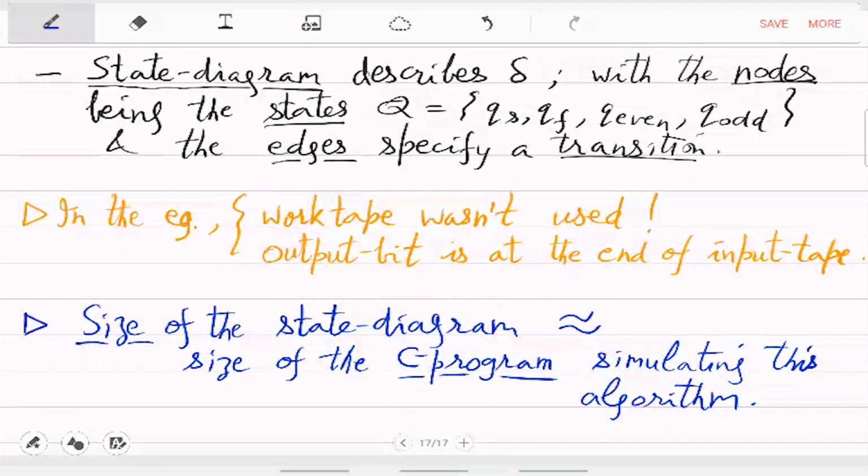Bigger state diagram means that your C program will be that much bigger, because in the C program you have to take care of these steps. It's kind of a flow chart that you are implementing in the C program. If there are more states, then you have to maintain more variables, and if there are more edges, then you have to implement more if-then-else conditions.